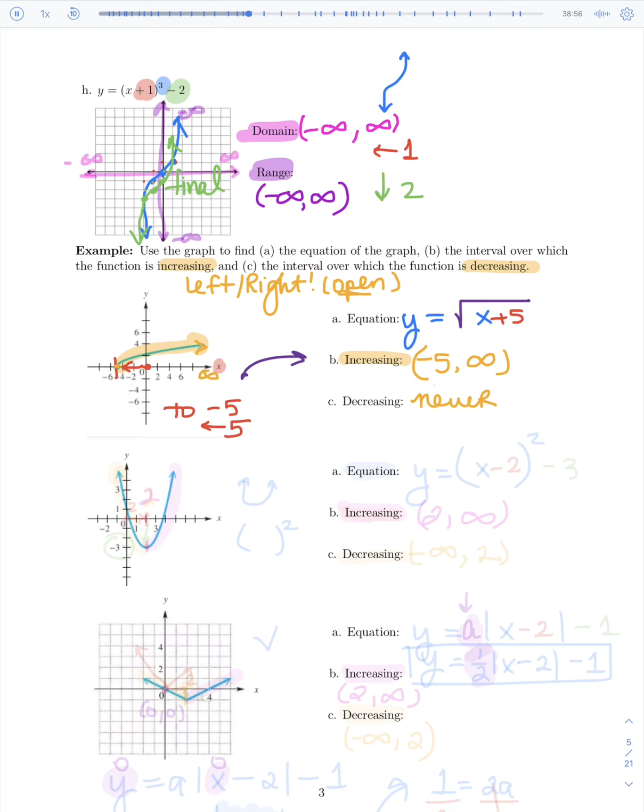The other idea of the reason why you use parentheses is because if you were to try to use brackets, at some values you would end up having it included in increasing and decreasing. And that doesn't really make sense to have a value that's increasing and decreasing. If you think of that as an analogy of a car, you can't have your car going forwards and backwards at the same time. It's not possible. So we call those transition points, and we don't include them at all.